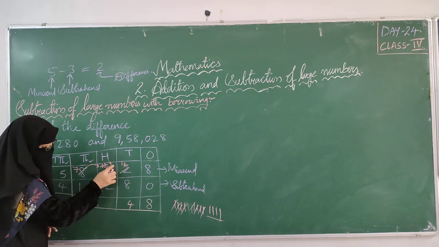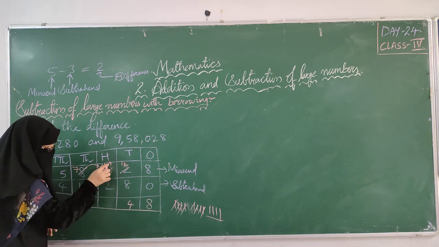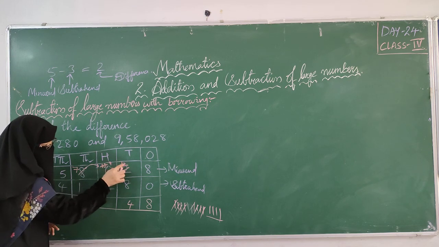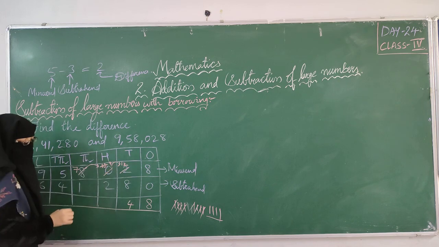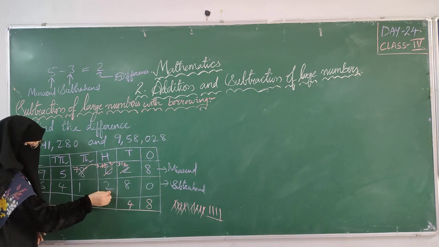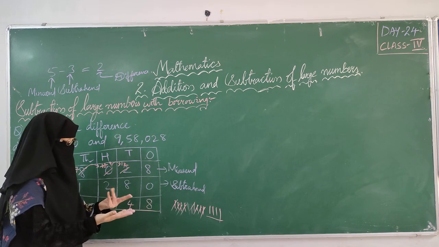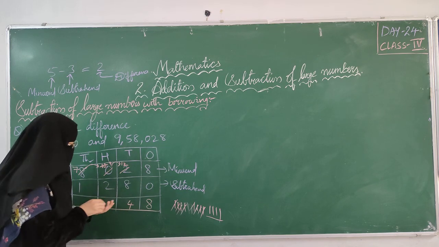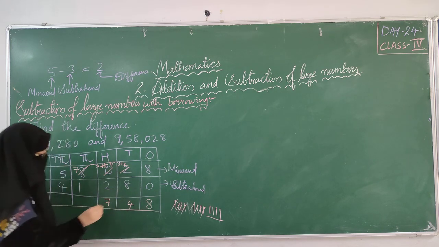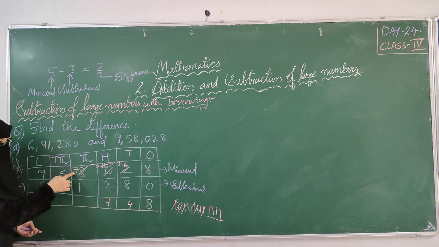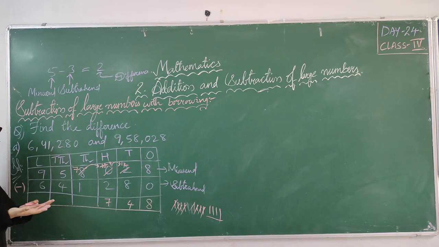Next one, what is our number here? You have to take 9 only. You should not take 10, because we already struck it off. We have taken one carry and sent one borrow here. So from 9 we have to subtract 2. 9 minus 2, take out your 9 fingers, subtract 2 from there. 7, right. Next one is 7. 7 minus 1, from 7 we have to remove 1.